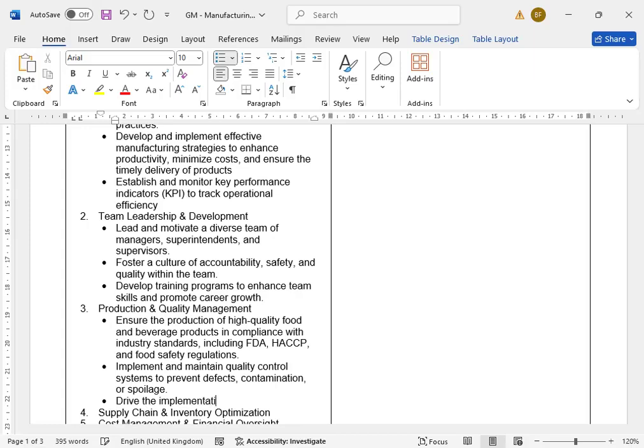Then the next thing we're going to do is drive the implementation of lean manufacturing, implementing Six Sigma, DMAIC, define, measure, things like that.